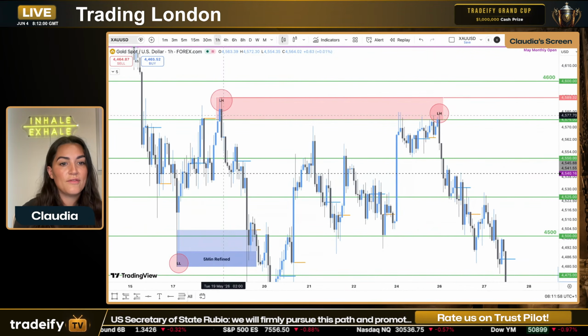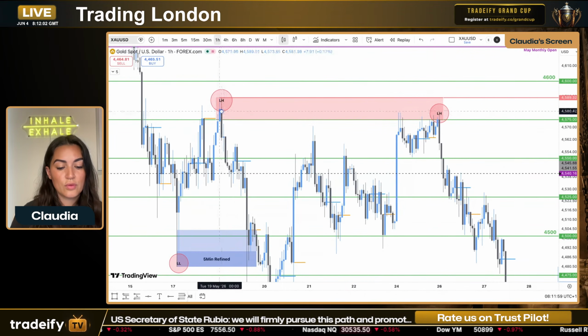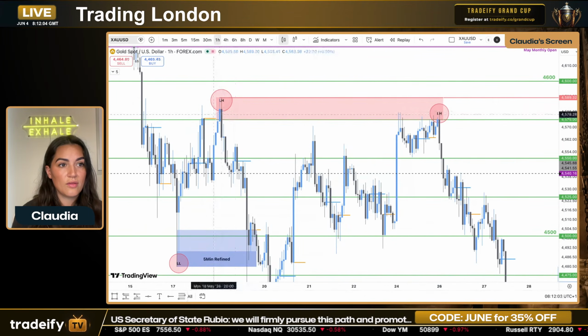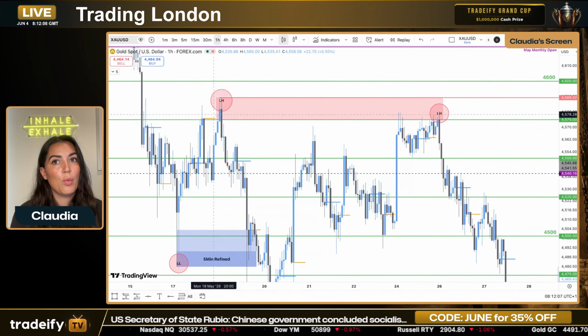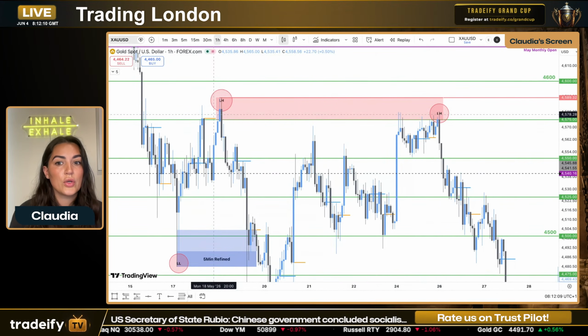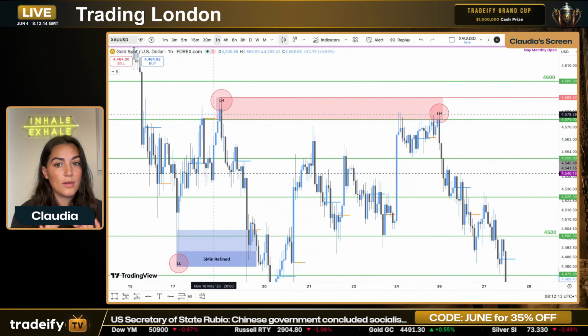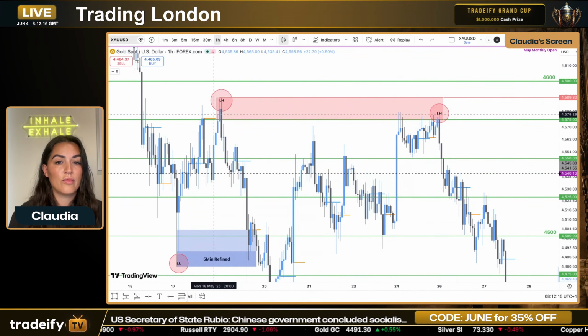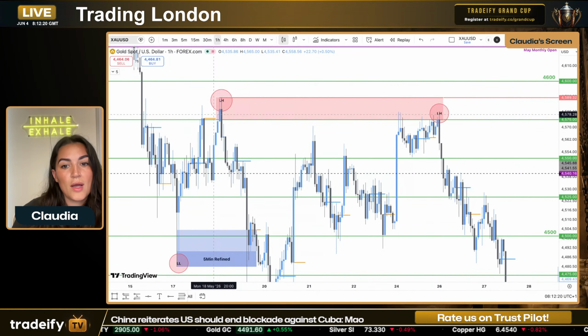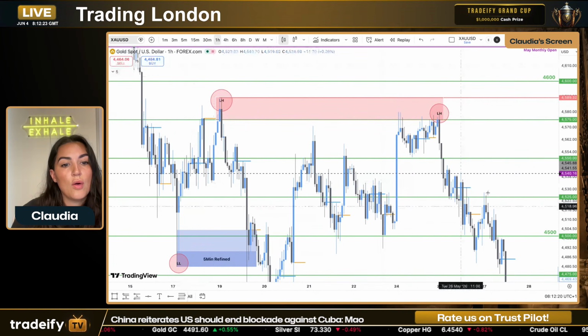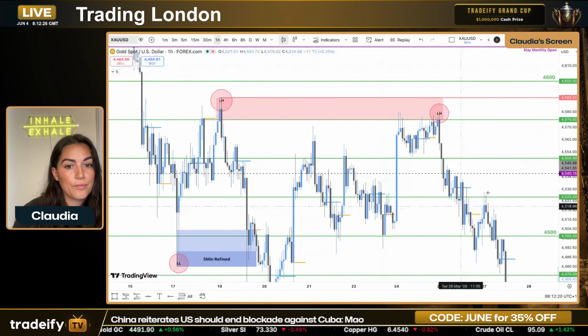If you identify this type of zone on the 1 minute, 3 minute, 5 minute, they do work out often, but the win rate is a lot lower. So 4 hour, 1 hour, 30-minute, even 15-minute zones like this tend to work really nicely compared to the much lower time frames. That's why you'll see on my charts that I have time frames on these zones.